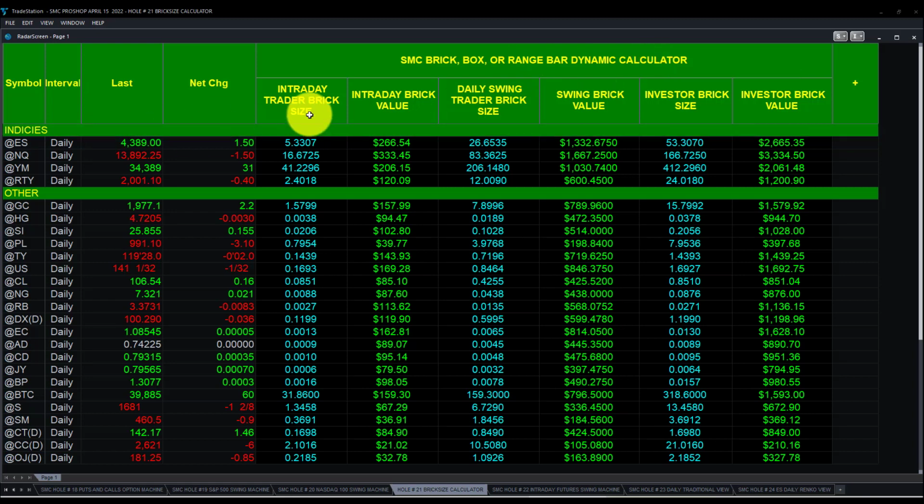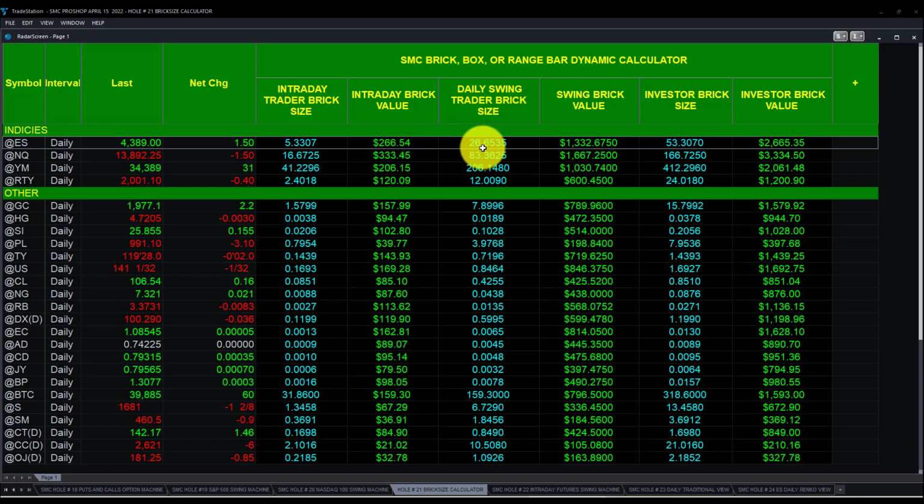As an example, if you are currently trading the S&P, the ES, the brick size calculator is recommending that the brick size for an intraday be priced at 5.33, thereabouts. So this is how much a mini would be for each brick or box.